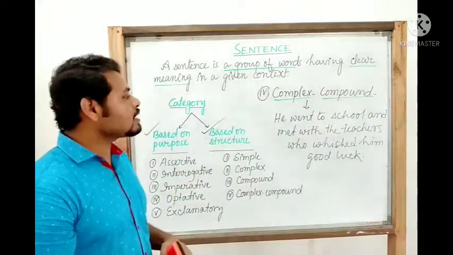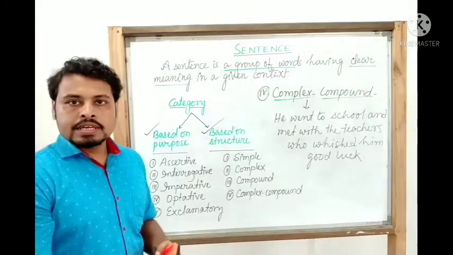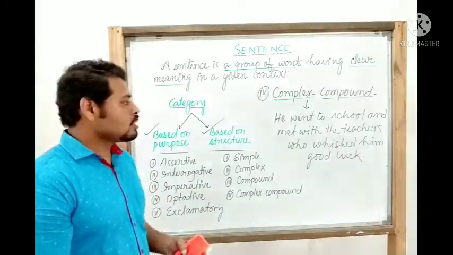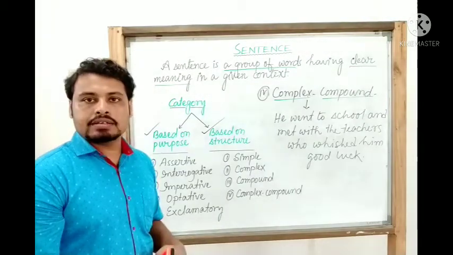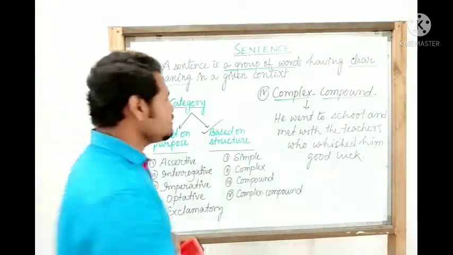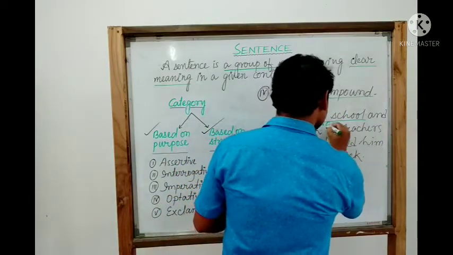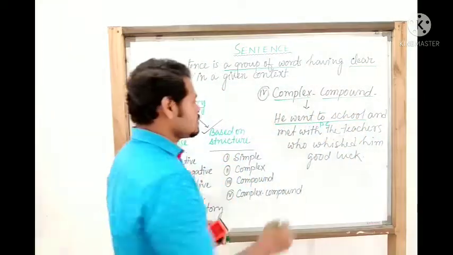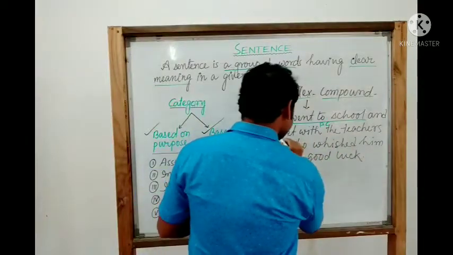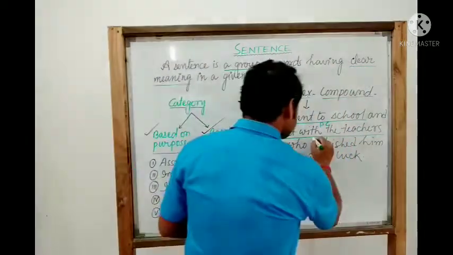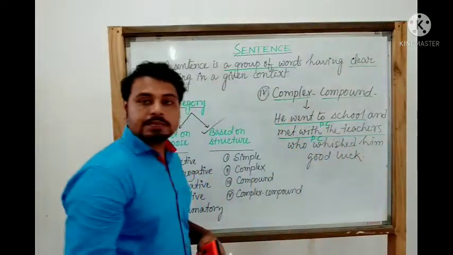So just have a look at this sentence. He went to school and met with the teachers who wished him good luck. Let us dissect this one. He went to school. This one is a principal clause. And met with the teachers. That means he met with the teachers. This one is another principal clause.